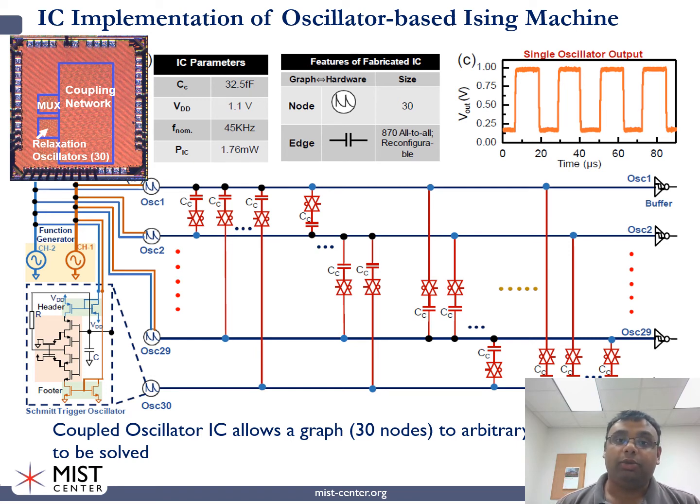And then we had to incorporate about 870 reconfigurable edges or coupling elements to allow this sort of reconfigurable system. The advantage of this was that we could essentially solve a map with arbitrary edge connectivity amongst the oscillators, giving us the opportunity to look at a broad spectrum of graphs and their properties.